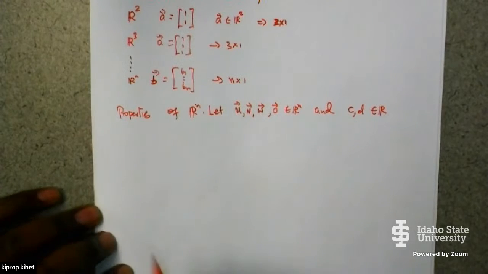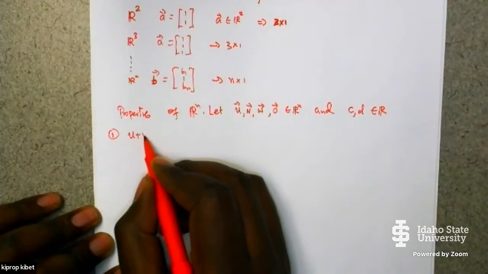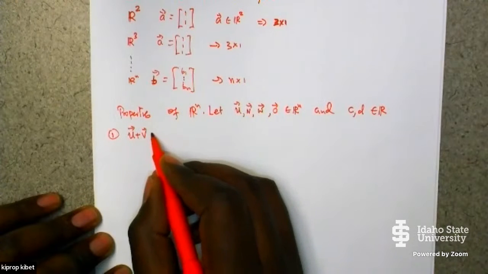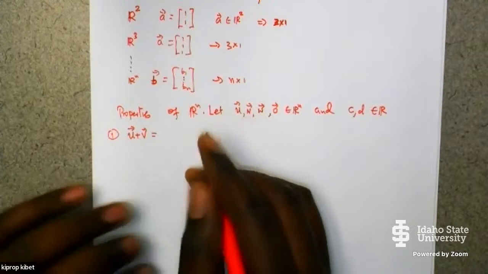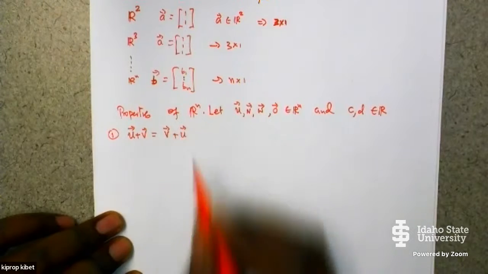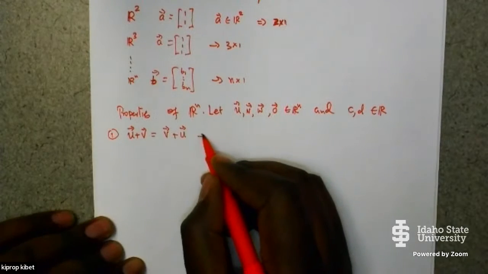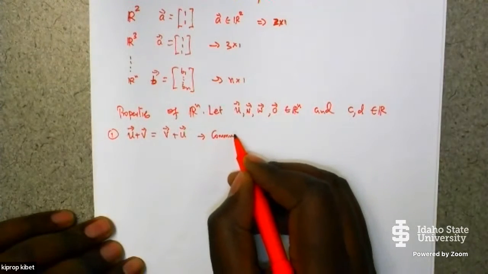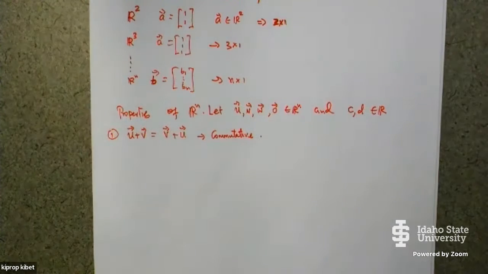Then property number one: the vector u plus v is the same as adding the vector v plus the vector u. So this is commutative; we can add u plus v, which is similar to adding v plus u.